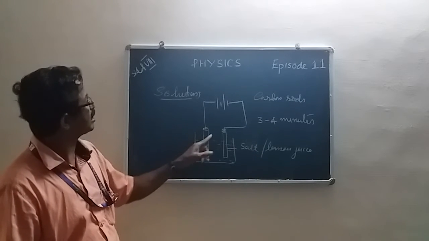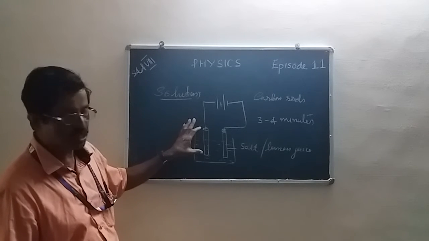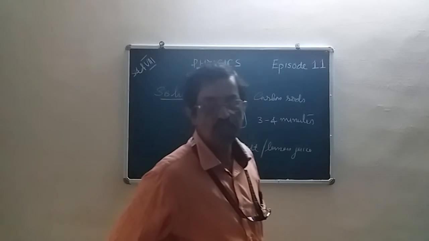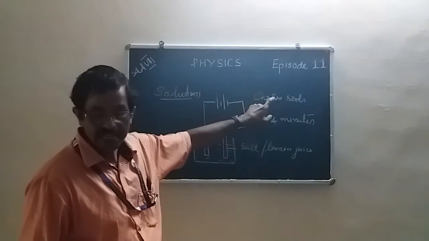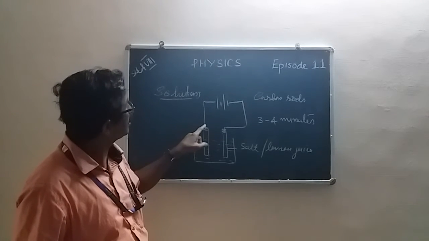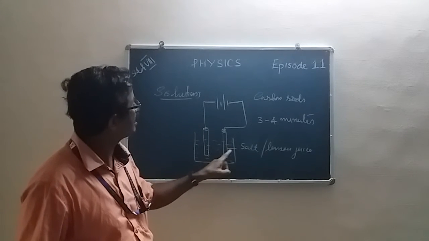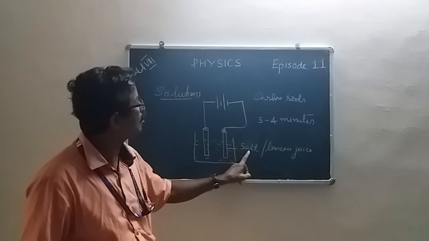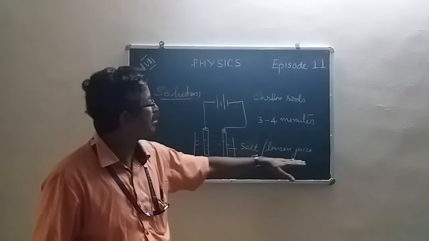What are the things you require for this? Two carbon rods that you can get from a discarded torch cell. Clean the cup of it thoroughly and wrap the cup with copper wire. Then take a beaker and fill three-fourths of it with water, then add two tablespoons of salt or some lemon juice.